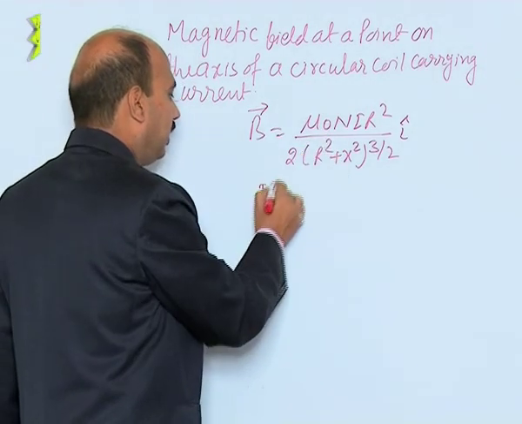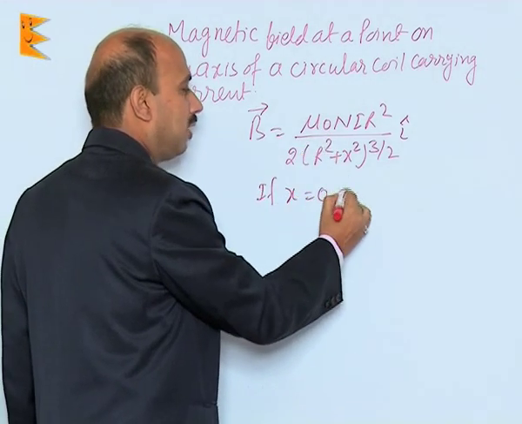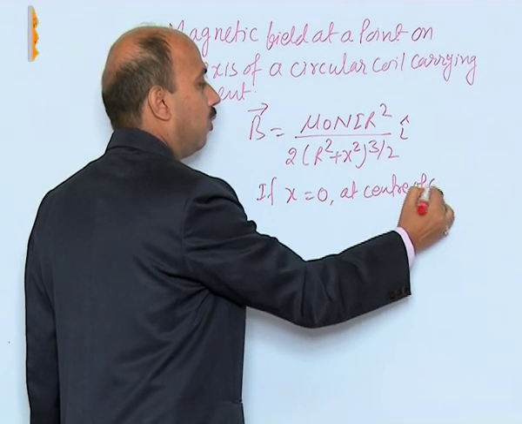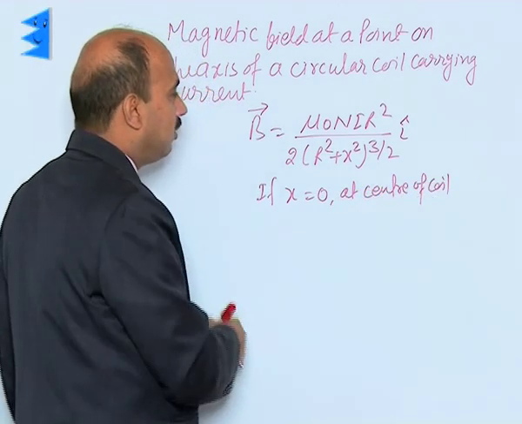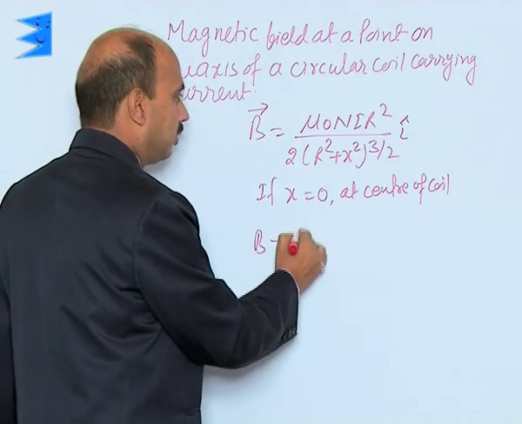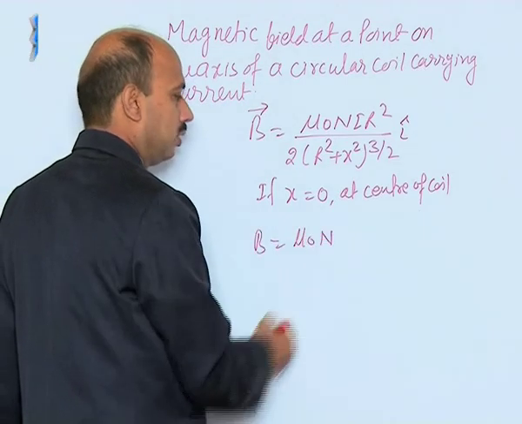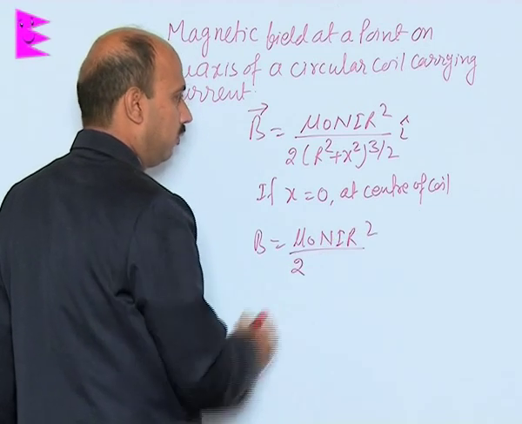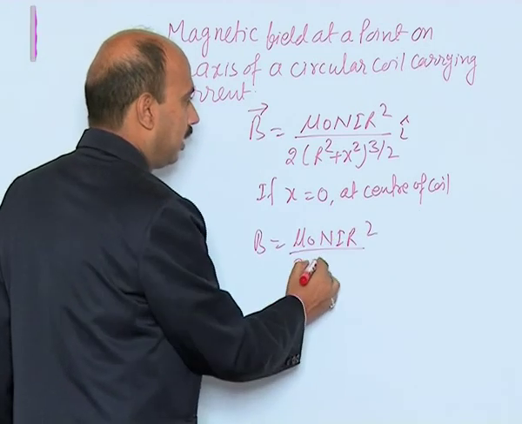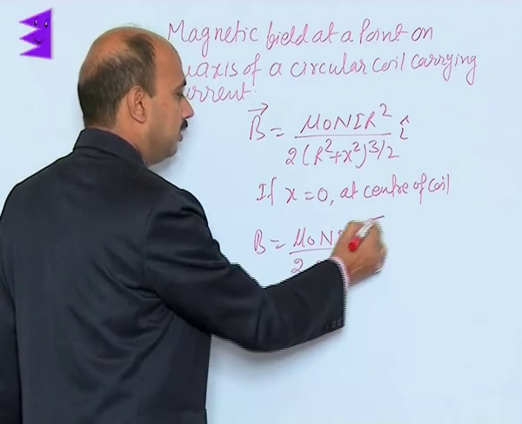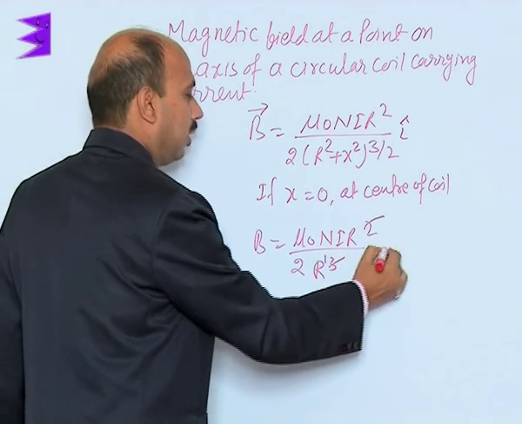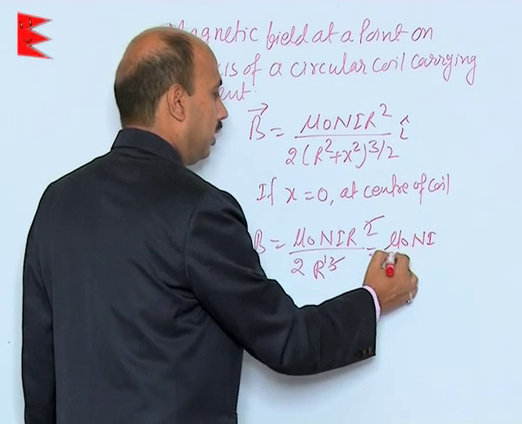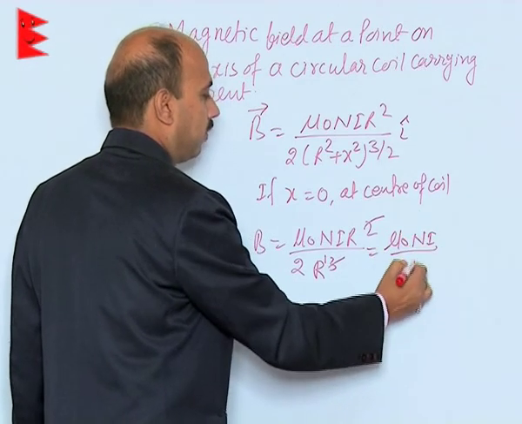If we take x equal to 0, that means at the center of the coil, then B is equal to mu naught n I r square divided by twice r cube, and this will get cancelled, and we will get mu naught n I divided by twice of r.